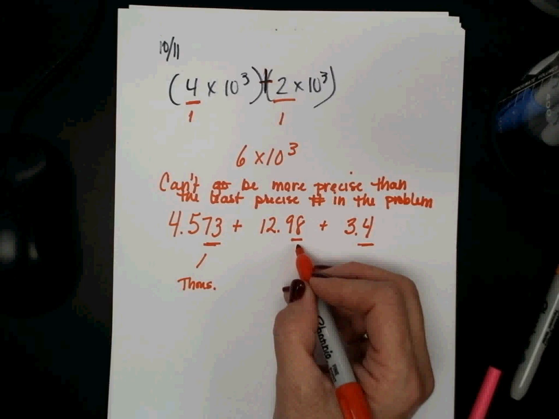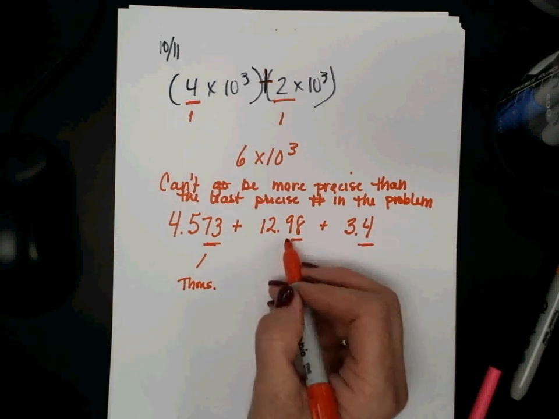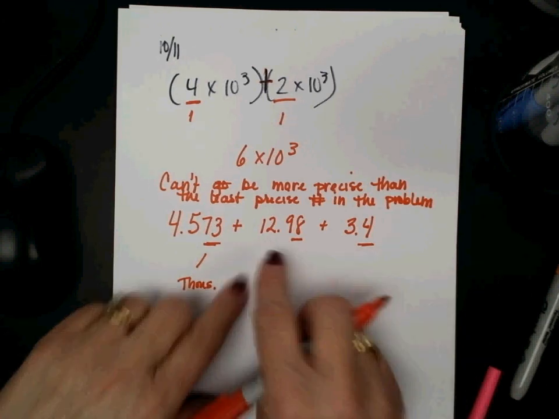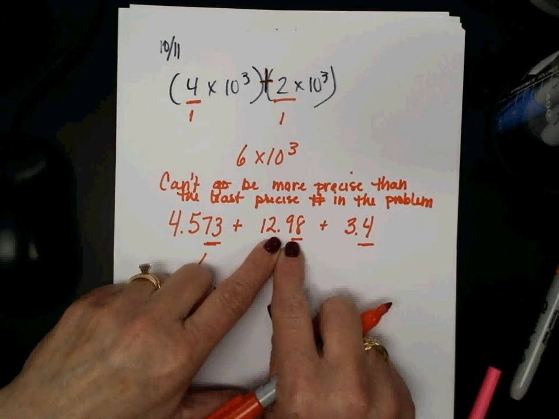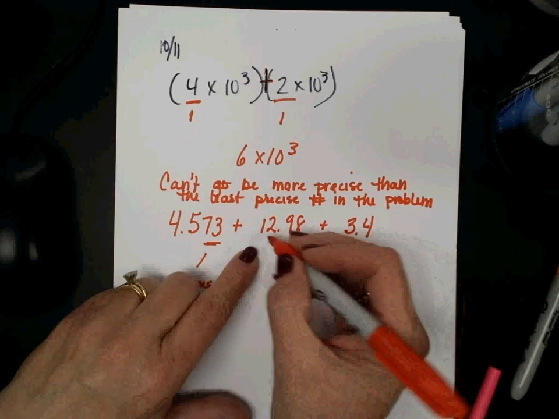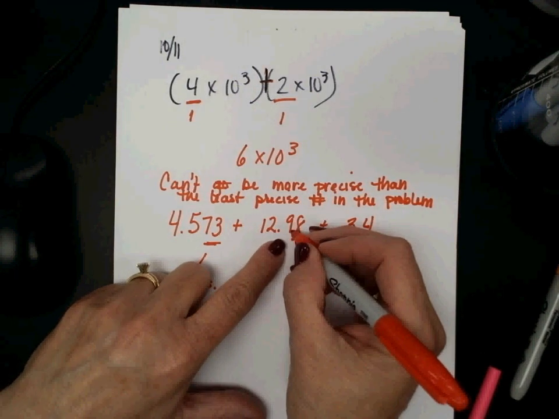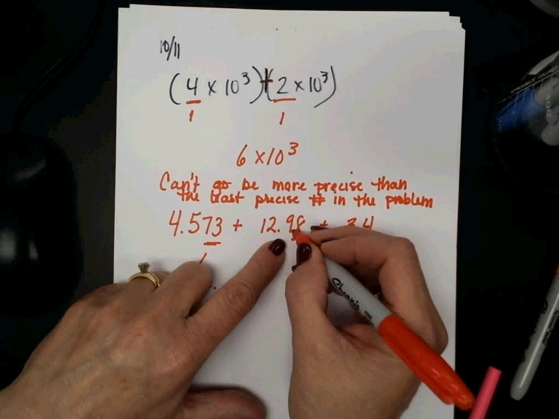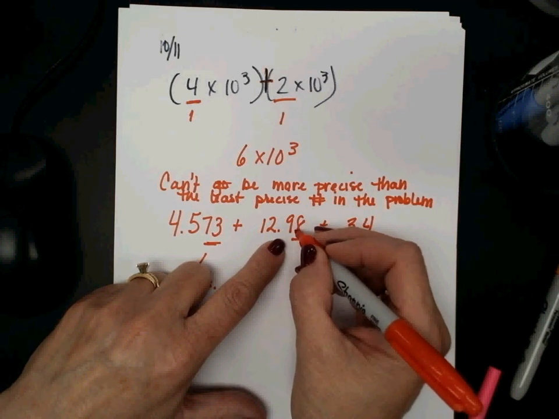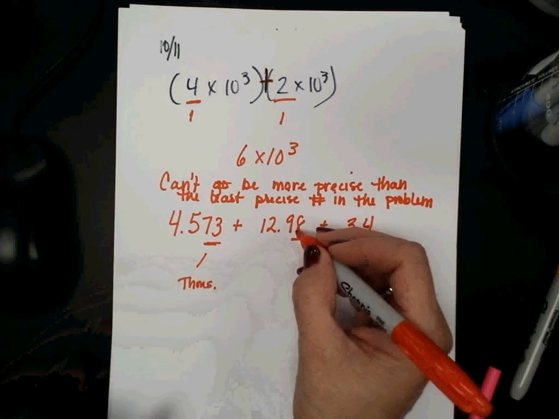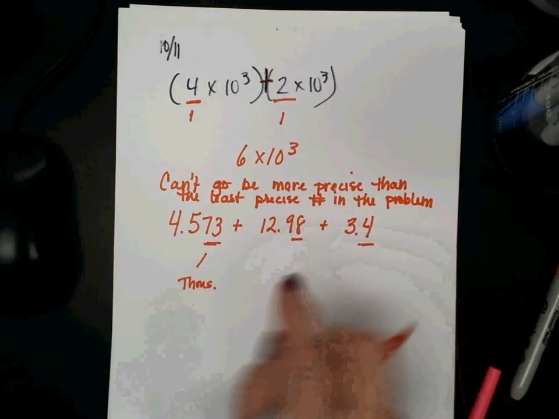Well, what is this right after the decimal? The 9. If this is the ones, what is the 9? Like, this is the tens place, this is the ones place. Do you know what that place is? Okay, so, Whitney, what is the 9?